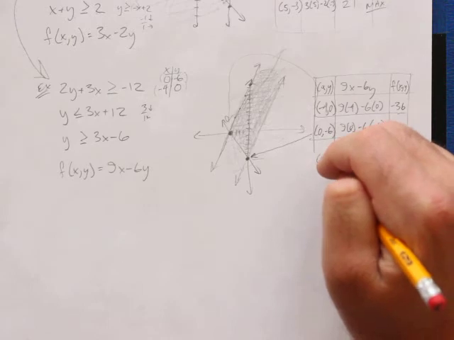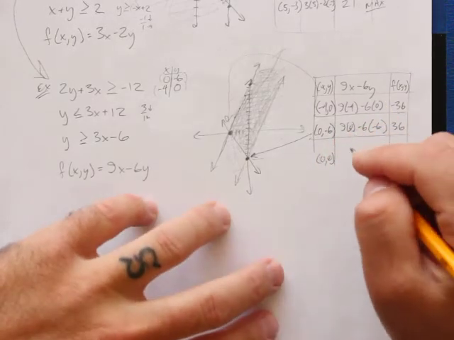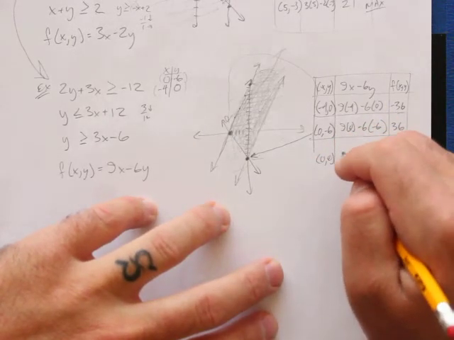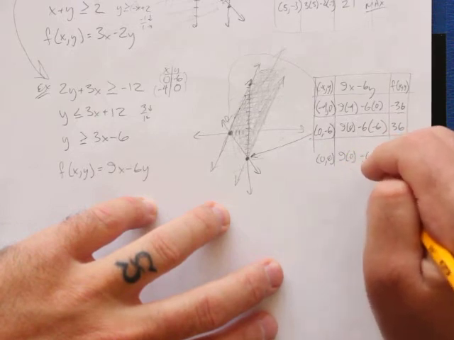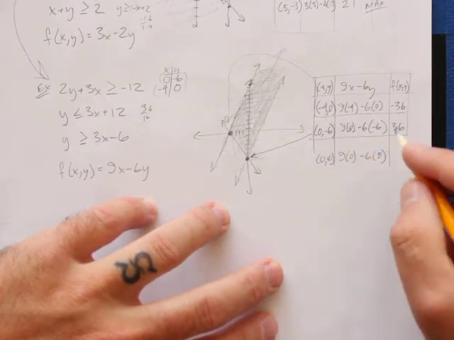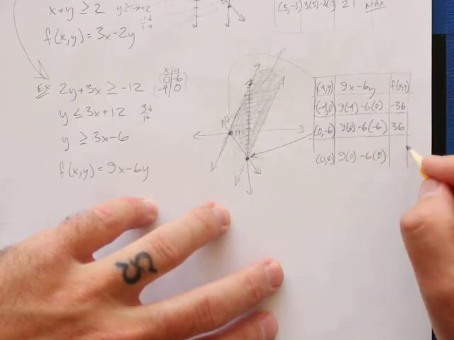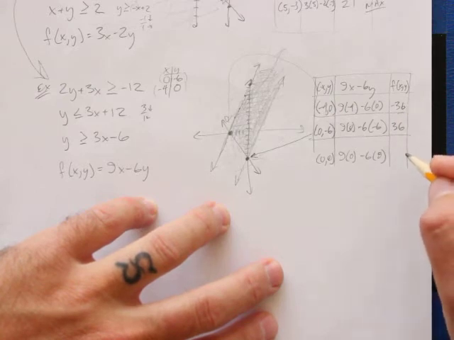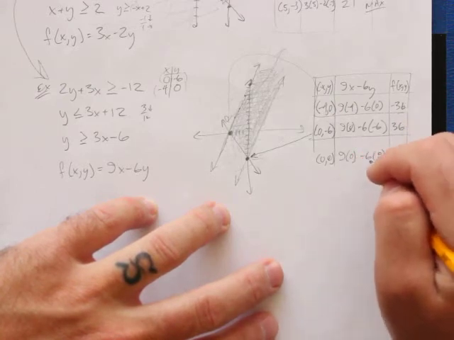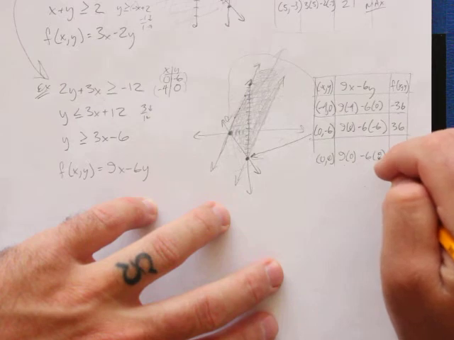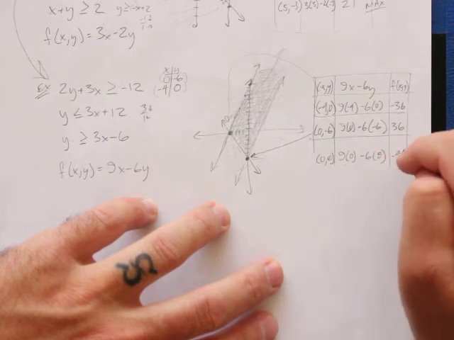All right, so let's plug in 0, 8 and just see what happens. So I'm going to say 9 times 0 minus 6 times 8. And let's see what we get over here, and this will help us decide whether it's a minimum or a maximum. 0 minus 6 times 8, which is negative 48.